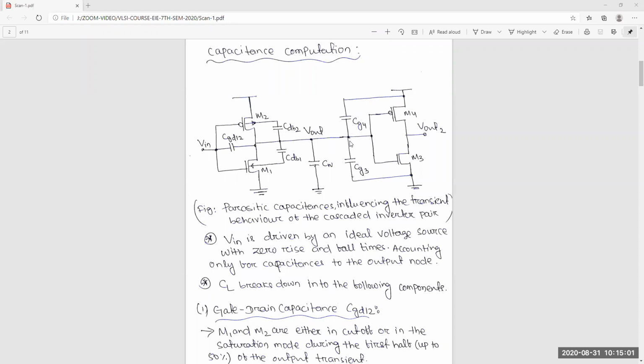Sir, first will be the gate to bulk capacitance. At which condition will the gate to bulk capacitance come? Sir, gate to bulk capacitance when there will be a channel, meaning VG must be greater than the threshold voltage, then it will form a capacitance. When the channel is formed, gate to bulk will come.